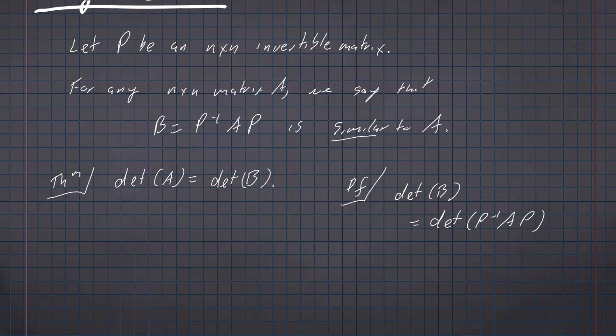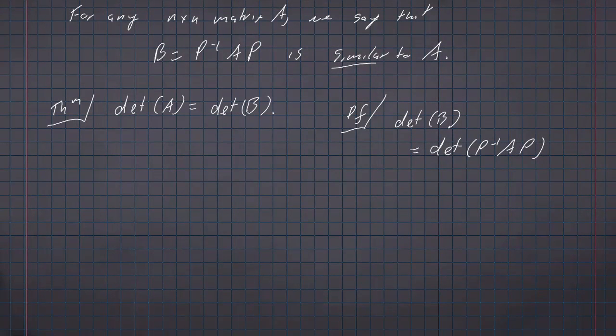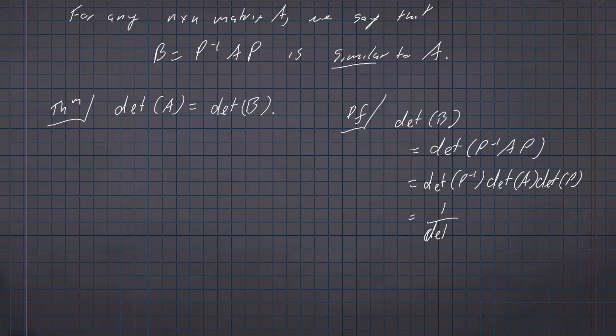Properties of determinants tell us that the determinant of a product of several matrices is the product of those determinants, and that the determinant of the inverse of a matrix is the reciprocal of the determinant of the original matrix.